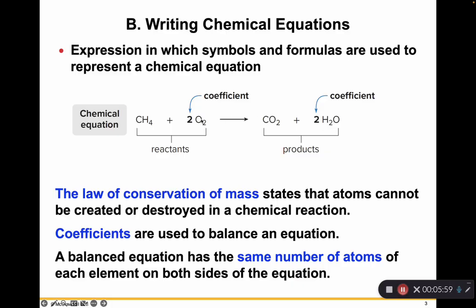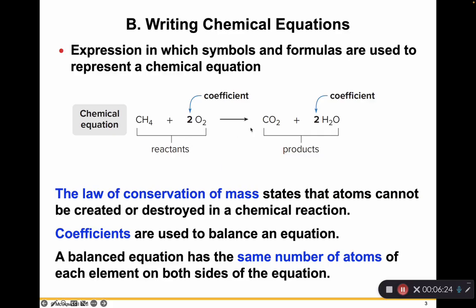For oxygen, we have 2 times 2, 4 oxygen atoms on the left hand side. On the right hand side, 2 times 1 is 2, plus 2, total 4 oxygen atoms. So a balanced equation has the same number of atoms of each element on both sides of the equation.